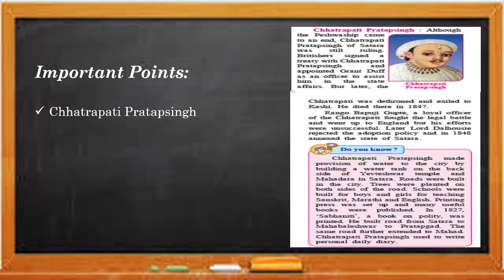Then we saw that the subsidiary alliance was a fake policy introduced by the Britishers, where they laid certain rules and regulations over the Marathas, and we learned their drawbacks in this lesson. Similarly, we have learned about Chhatrapati Pratap Singh and his work, which brought fame to the Maratha kingdom.